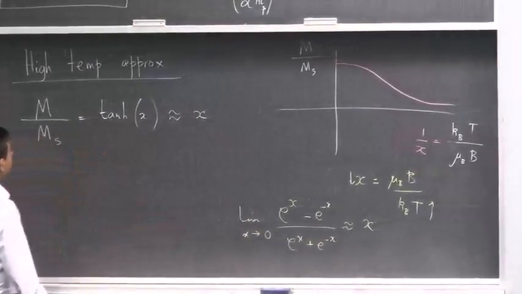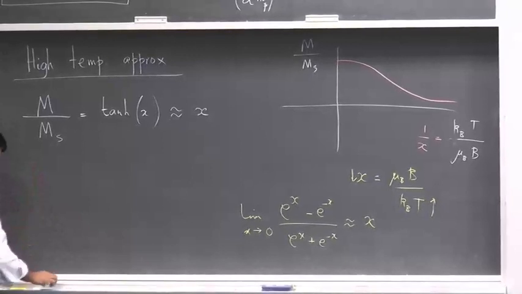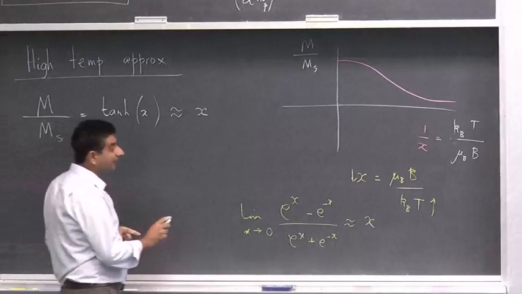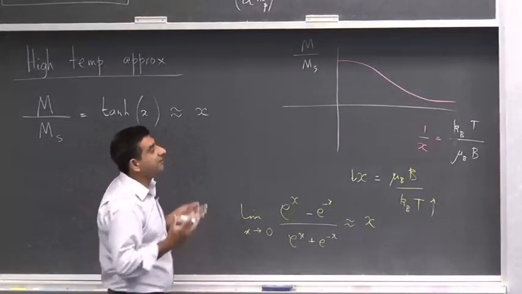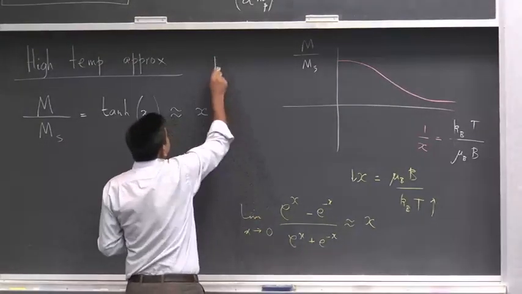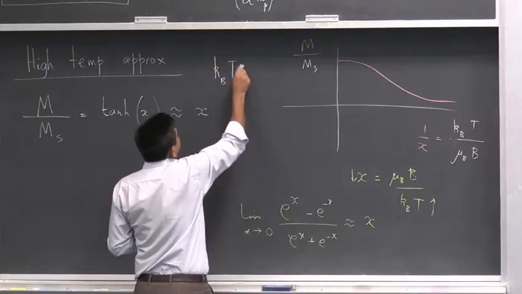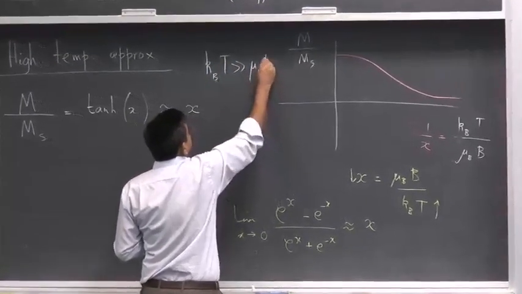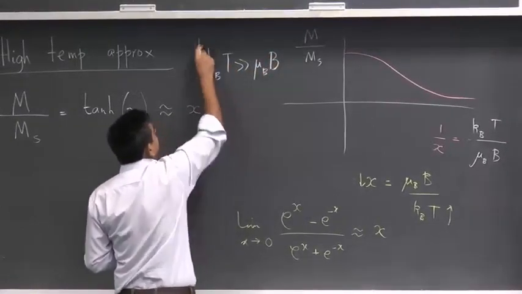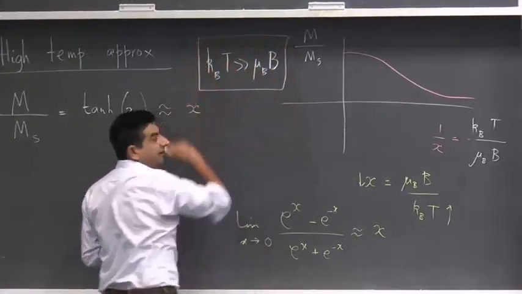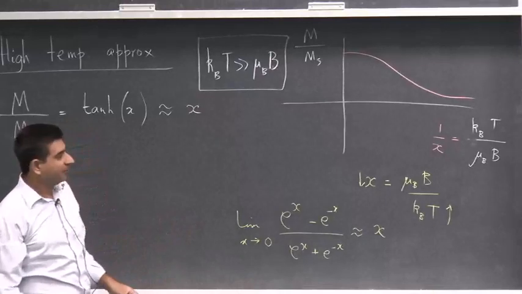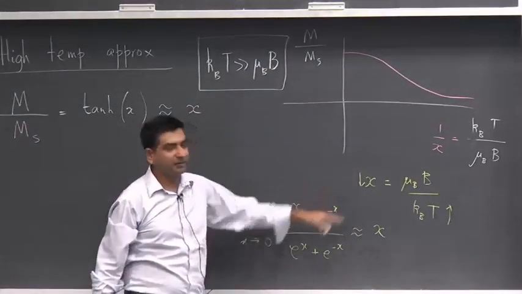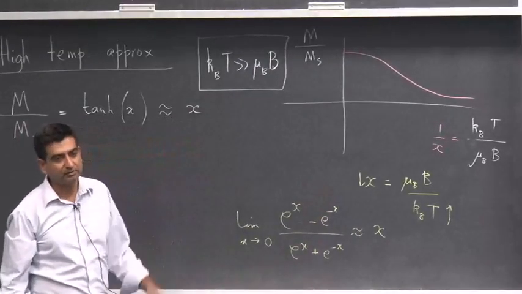So M over Ms in the high temperature approximation, what do you mean by high temperature? This really means that kBT is much larger than mu B B. This is the high temperature approximation. Under these conditions, x is going to be really small, much smaller than 1.